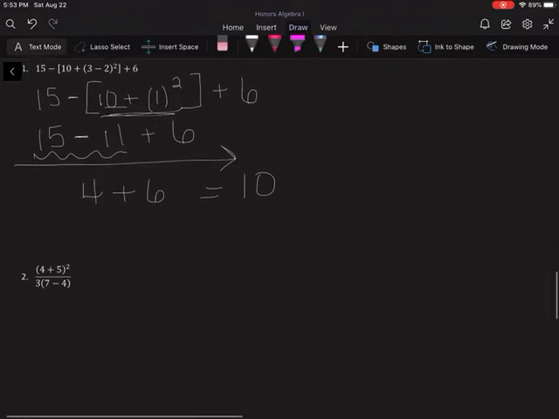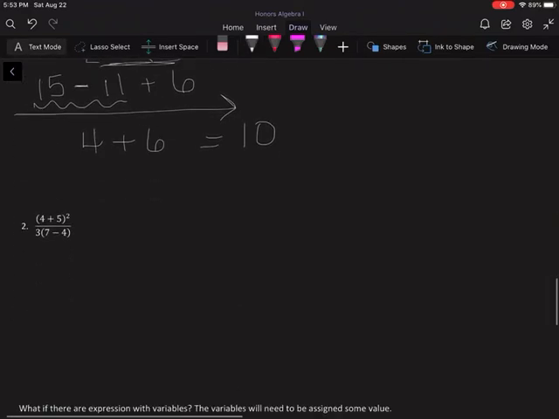And then the next one here is another example where I don't have to do both of the parentheses first. I want to do the top and bottom separately. So here we have 4 plus 5, which is 9, squared.